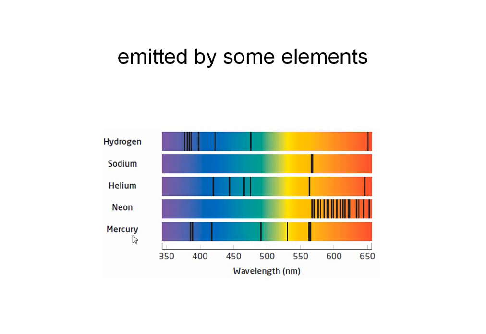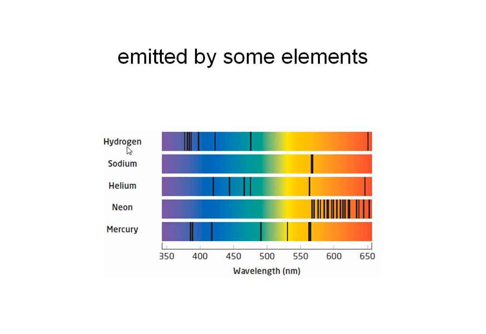Okay, so different substances, different elements produce different light, right? So such lines are like fingerprints of such elements. For example, different individuals have different fingerprints.